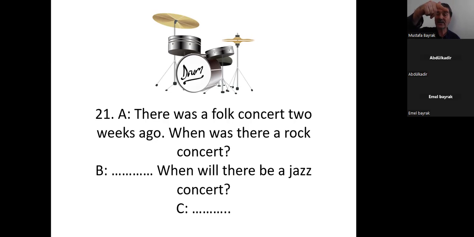Was there a folk concert yesterday, 2 weeks ago? Yes, there was. There was a folk concert 2 weeks ago. But today there is a classical music concert, and there will be a jazz concert tomorrow, past, present, and future.